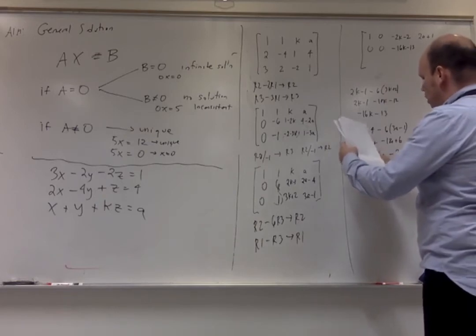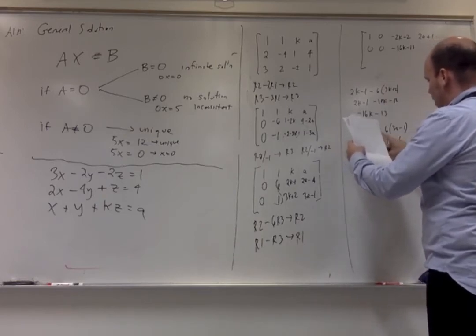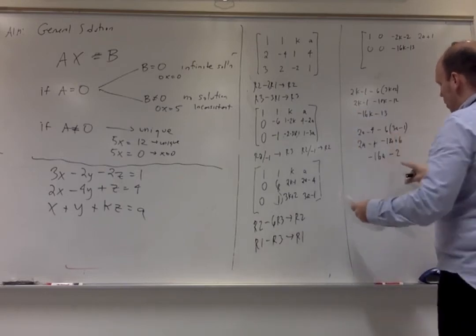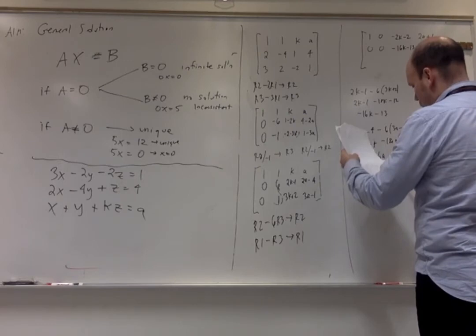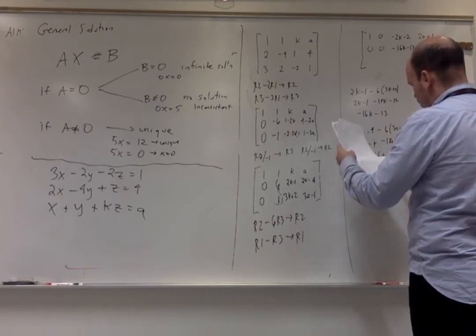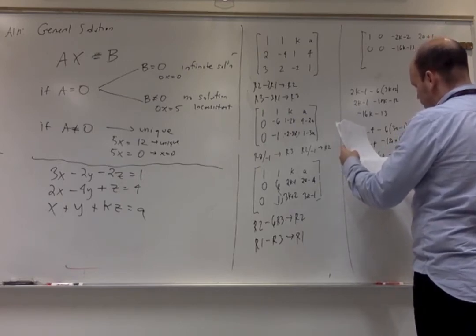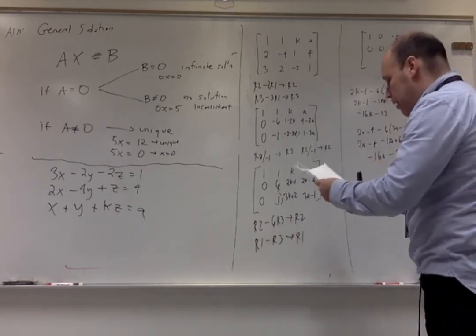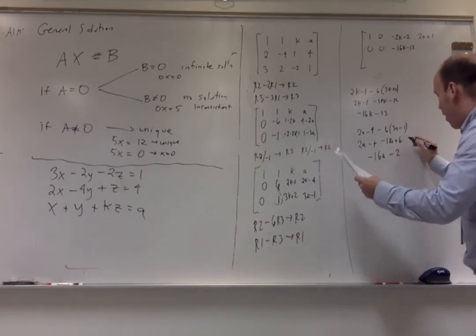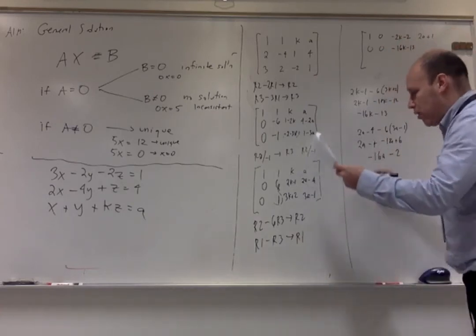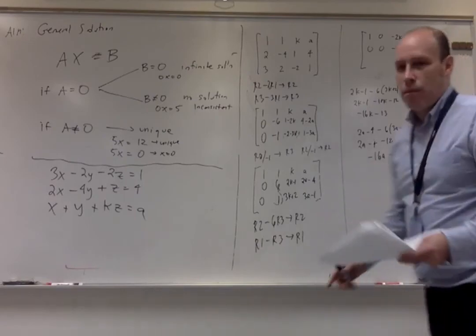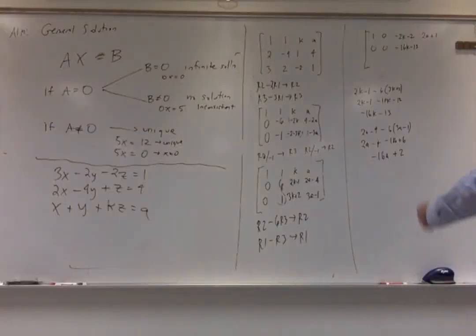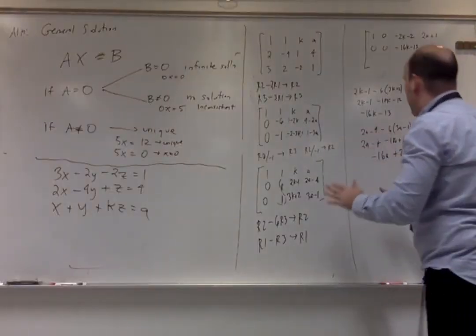So it should be 2a minus 4 times 6 times 3a, 6 plus 2. Sorry. So this is the correct answer. I don't know what my mistake is, and I don't want to shut the video off. I will come back. Sorry, this is correct. So it's negative 16a plus 2.